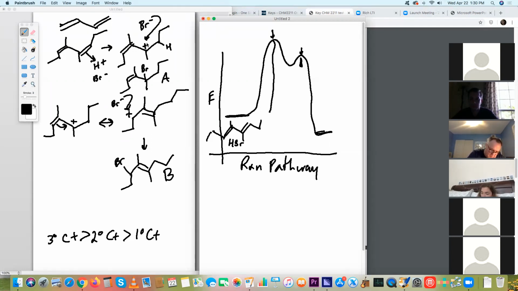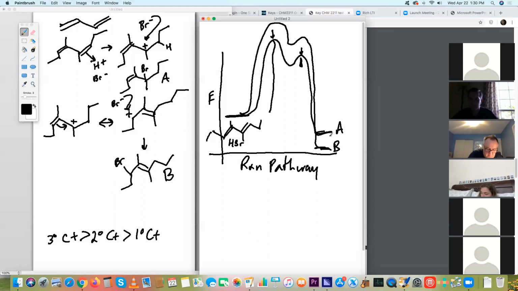Now I'm going to say that this is the pathway for A, for product A. The one for B is going to be higher energy like that, but the product is going to be lower over here. So that gives B there.